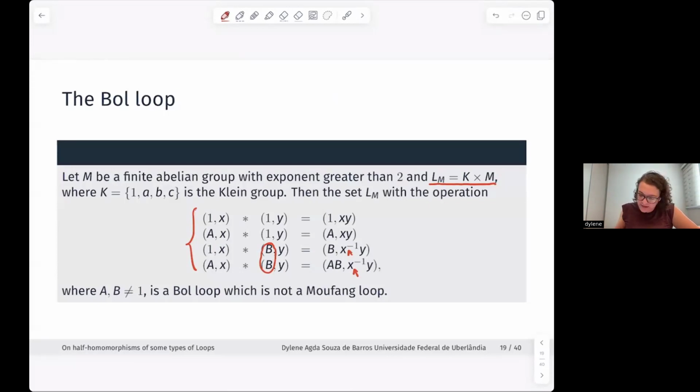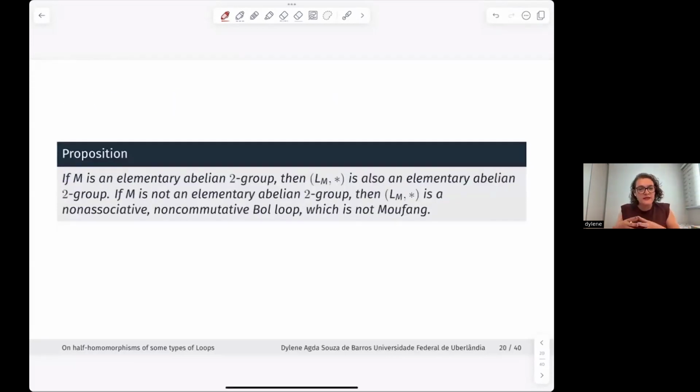The exponent greater than 2 condition is needed because if M is an elementary abelian 2-group, then L_M is also an elementary abelian 2-group, so that x minus 1 plays no role here. So if M is not an elementary abelian 2-group, then L_M is a non-associative, non-commutative Bol loop, which is not Moufang. And that is the loop that we are dealing with to find the group of half-automorphisms.